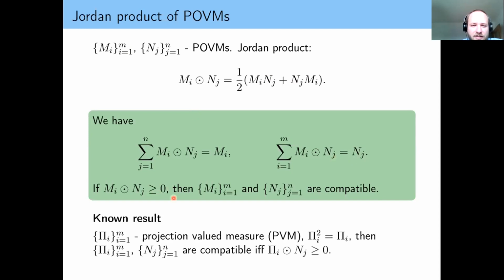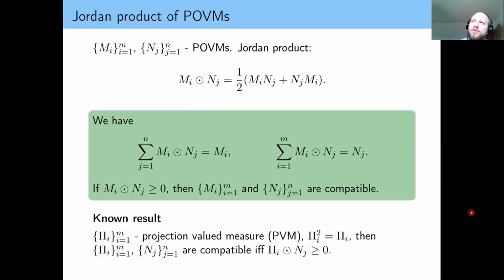But the problem is that this doesn't have to be a positive semi-definite operator. But if all of them are positive semi-definite operators, then the two POVMs are compatible, and we just solved it almost with no effort. And there are some known results. For example, if one of the POVMs is a projection valued measure, which means that all of the operators are projectors, then they are compatible if and only if the Jordan product is positive semi-definite.